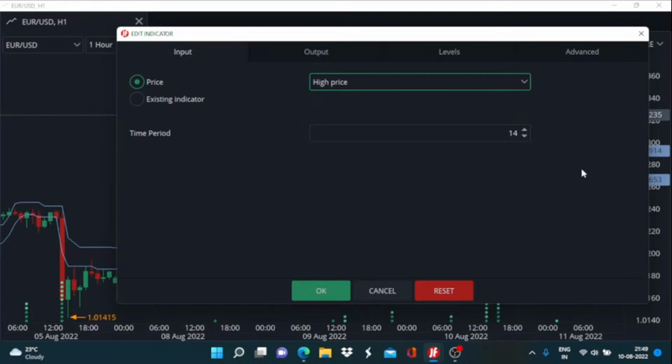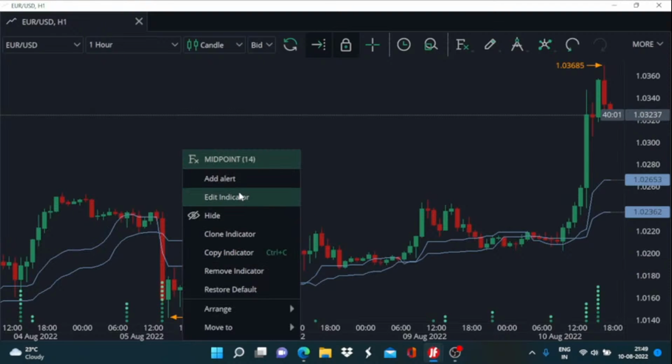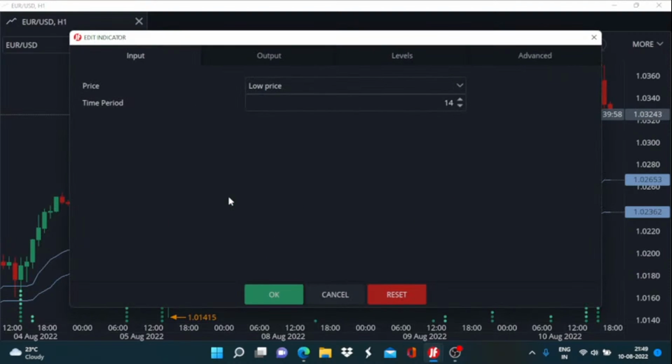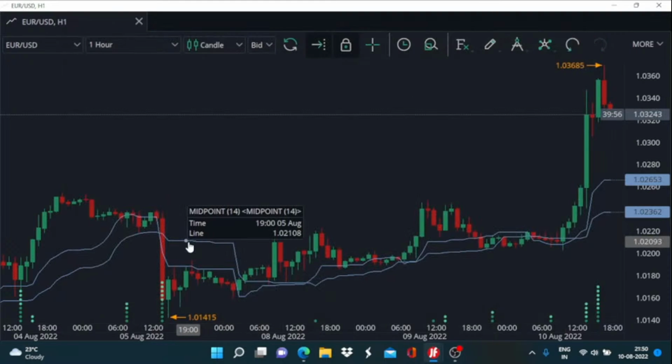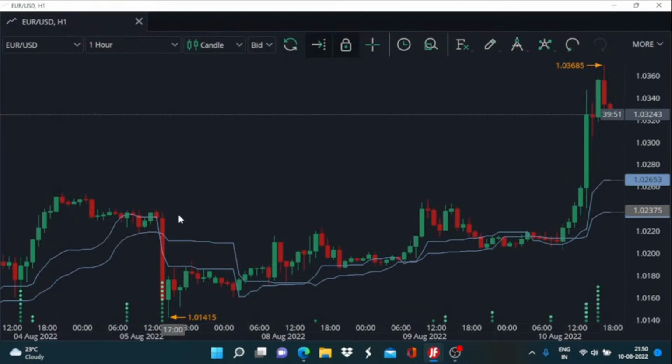But if there is one existing indicator in place, then we can take that indicator's output price over the given period as the input price for this new indicator, and then we have here the midpoint of that indicator's price. So this is the low priced one. Let me check this one. Okay, so this line is the midpoint of the low price.